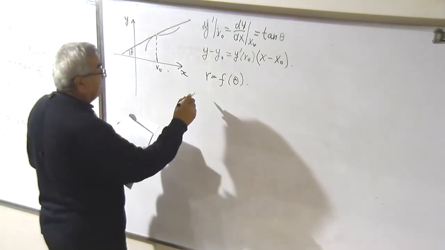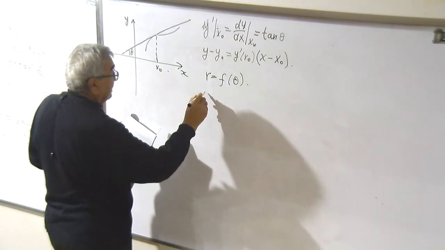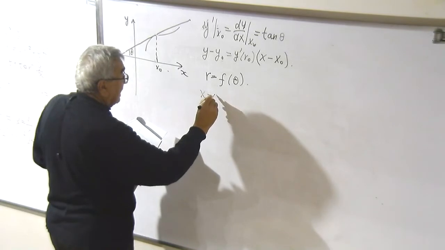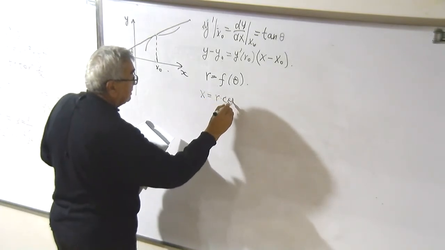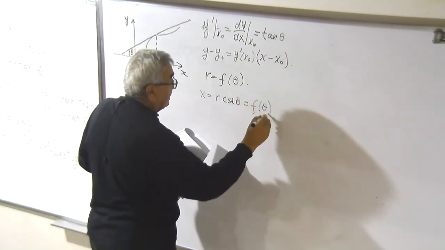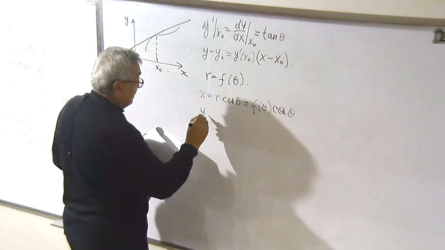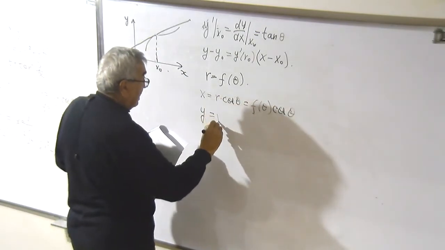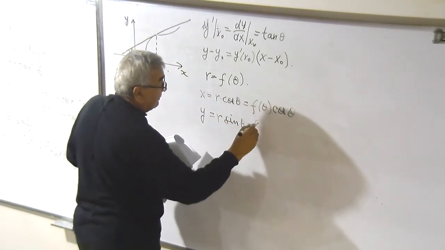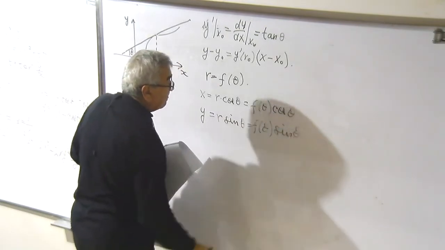For this case, I do the following: x will be equal to r times cos theta, that is f theta cos theta. Y should be equal to r sine theta, equal to f theta sine theta.